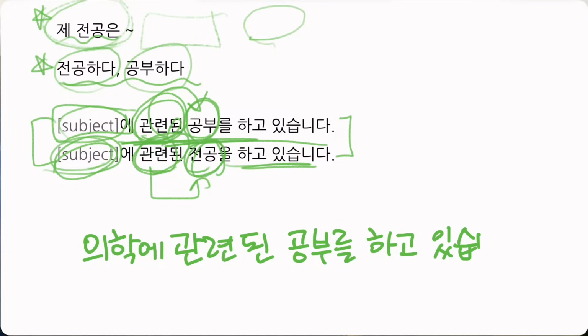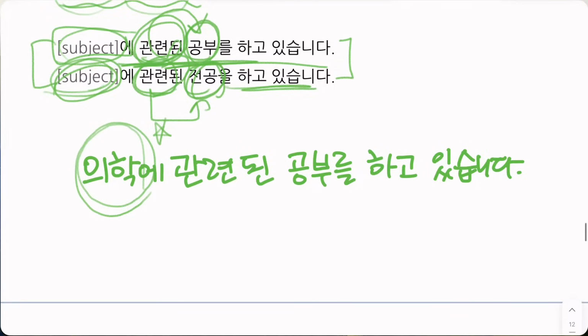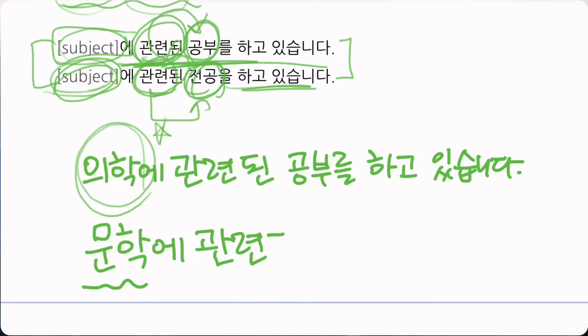But you don't want to specify your specific field, whether you study for being a surgeon, pharmacist. If you don't want to give those details, you can just give the overall idea. 의학에 관련된 공부. If you are studying literature, but you don't want to specify what branch of literature you're studying, then you can just say 문학에 관련된 공부를 하고 있습니다.